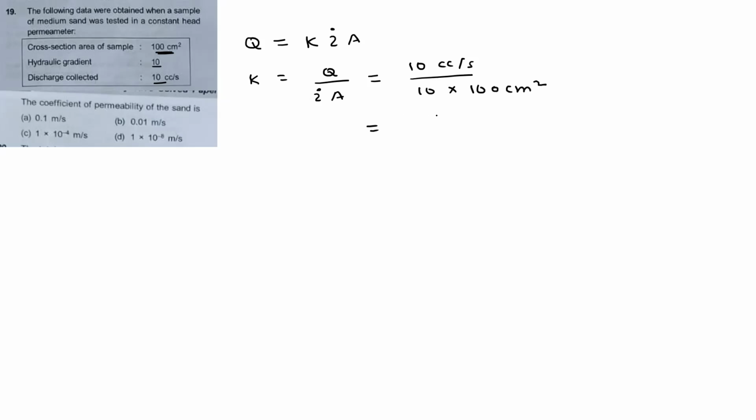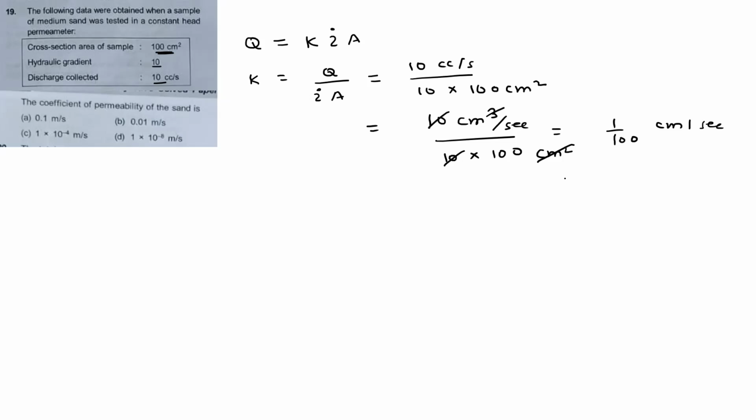So 10 centimeter cube per second divided by 10 into 100. The 10 gets cancelled out, so this is 1 upon 100. Centimeter square and cube cancel out, so this is 1 upon 100 centimeter per second.